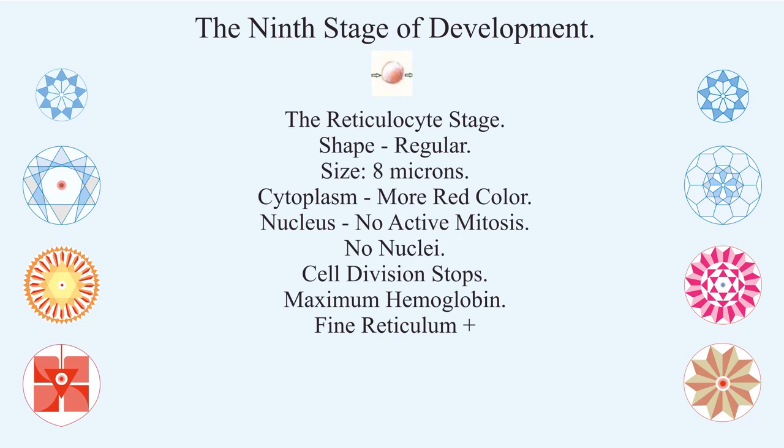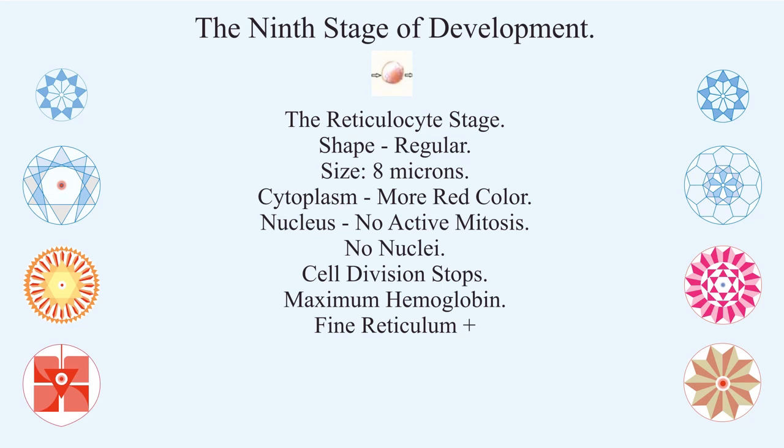The ninth stage of development is the reticulocyte. Shape is regular. Size is 8 microns. Cytoplasm is more red. Nucleus: no active mitosis, no nucleus, no cell division, maximum hemoglobin. A fine reticulum is seen in this stage, as a result it is called a reticulocyte.